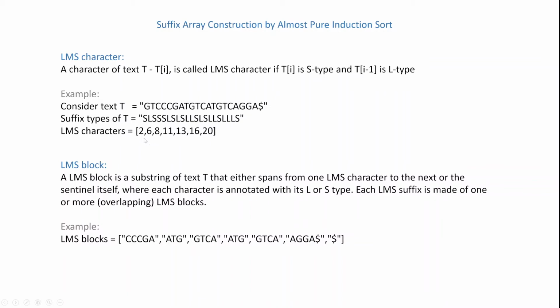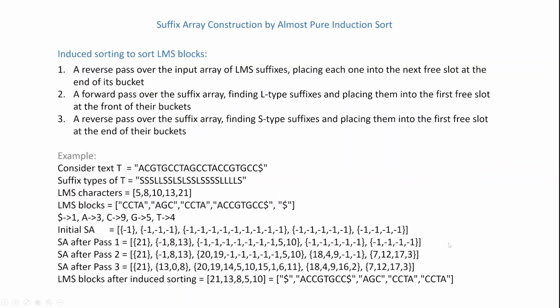So the substring from 2 to 6, the substring from 6 to 8, the substring from 8 to 11 form the LMS blocks. So these are our LMS blocks. In our algorithm, we first try to sort the LMS blocks using induced sort, and then try to sort the LMS suffixes using the sorted LMS blocks.